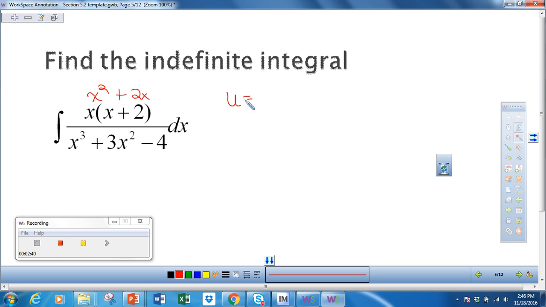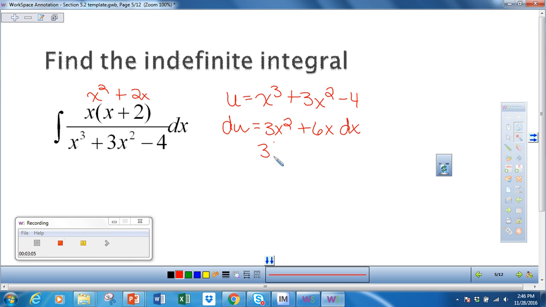I'm going to make u equal to x cubed plus 3x squared minus 4. Well, of course, if I do that, then du would equal 3x squared plus 6x dx. Now, at first glance, that may not seem as if it's in my problem, but I can factor this out.